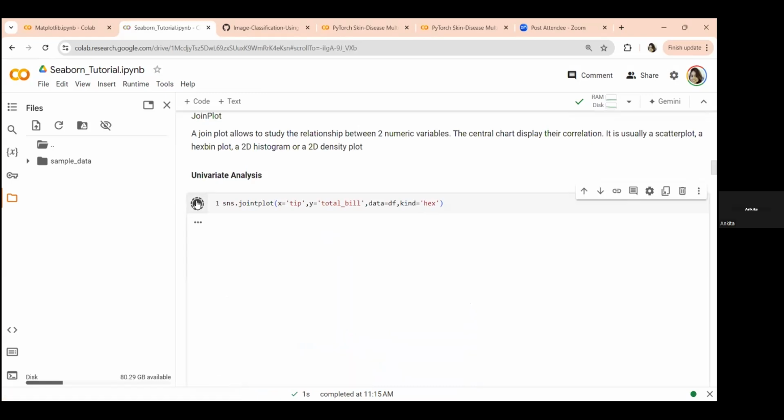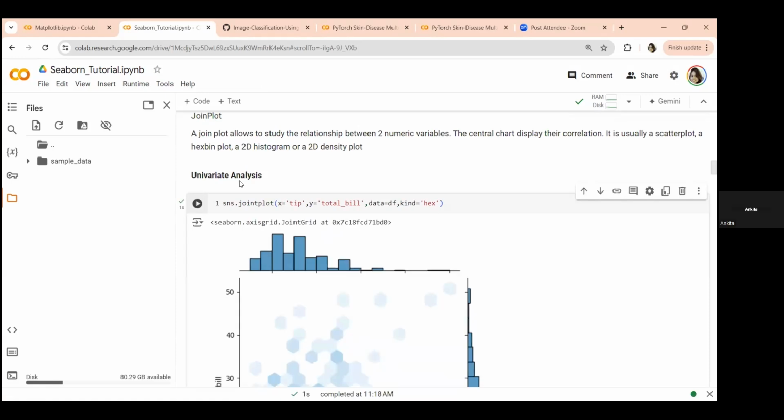When you have one or two independent features and do the analysis, it is called univariate analysis. For representing the univariate analysis, we have to use this jointplot function. Here x is one feature and y is another feature, and we are comparing these two features.